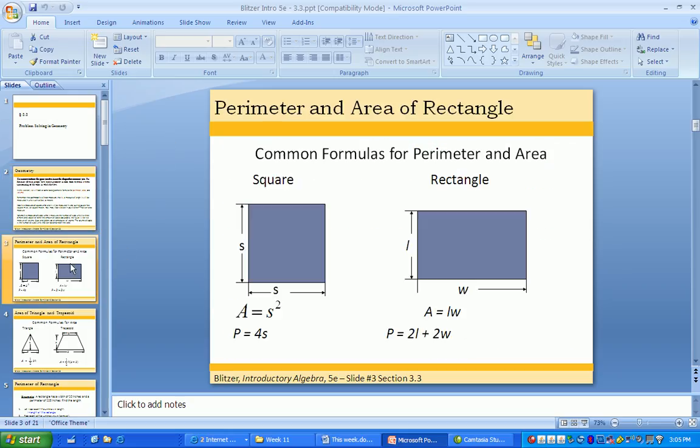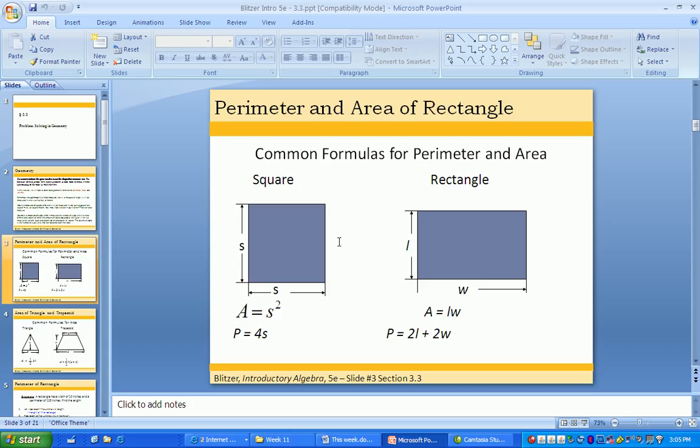Some of the common formulas for geometry figures or concepts, in particular, we're going to be looking at area and perimeter here. Area, as we know, is a two-dimensional unit, and it includes the length and the width. So the area of a square, if the sides are S and S, of course, the definition of a square is all four sides are equal.